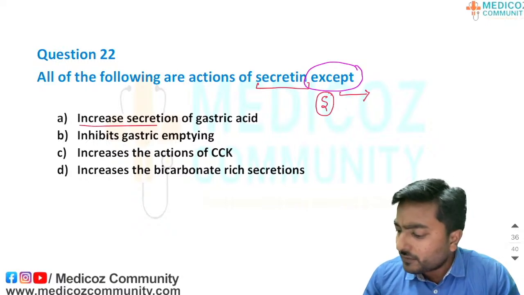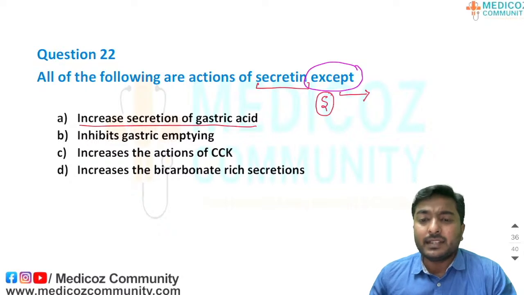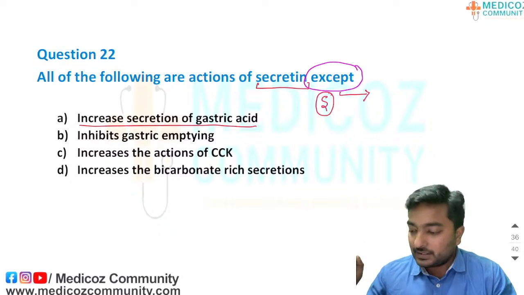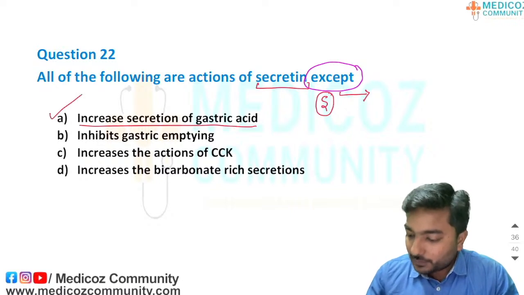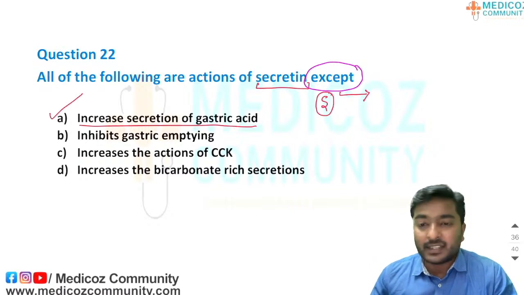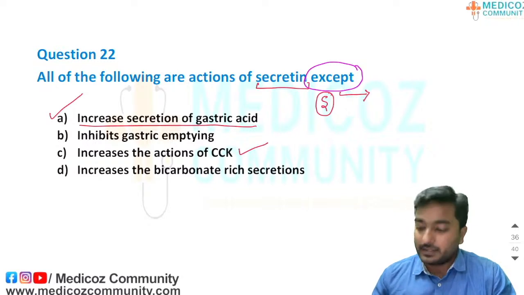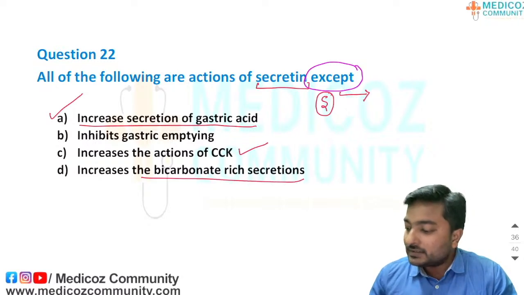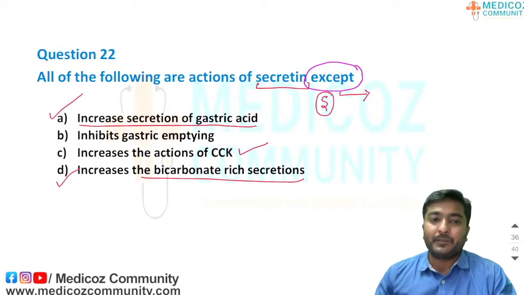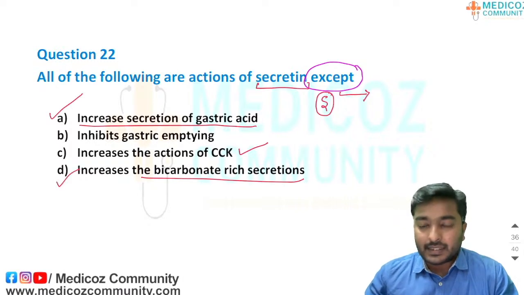Increases secretion of acid: just now we said that secretin has an inhibitory role in the stomach, so this is our answer. Inhibits gastric emptying, correct. Increases the actions of CCK, correct. Increases bicarbonate-rich secretions, correct. Secretin does not have any role in motility per se, either in the stomach or the intestine.